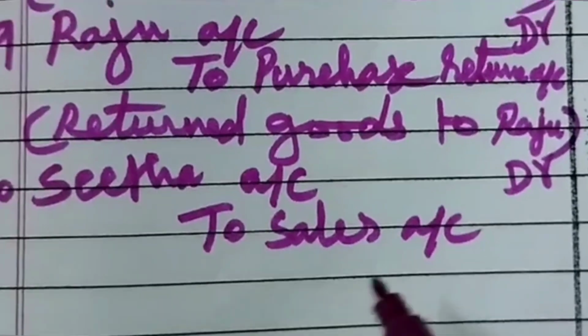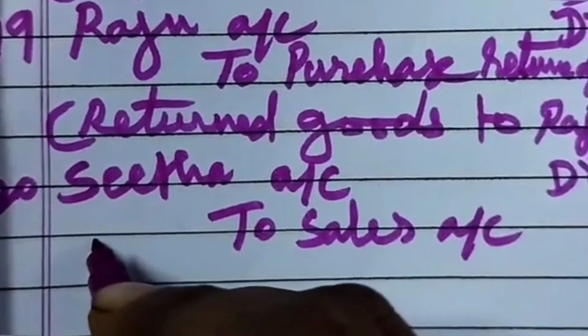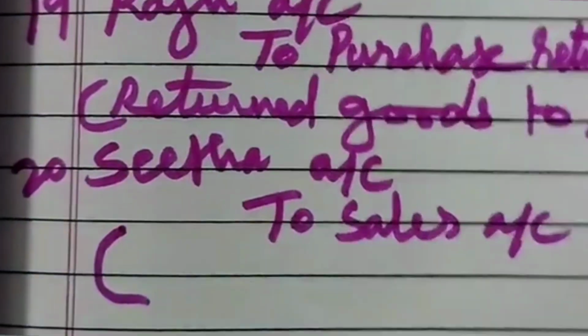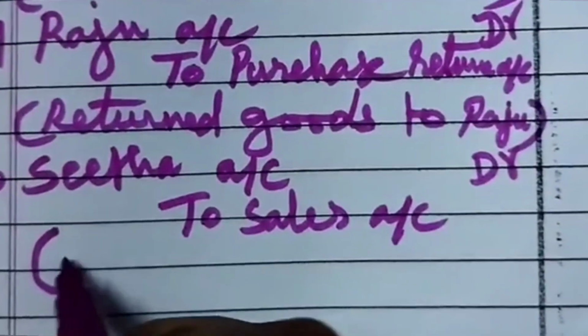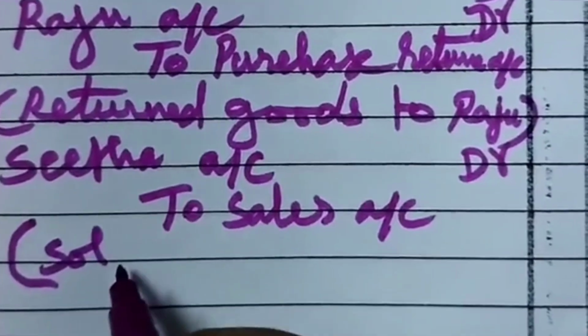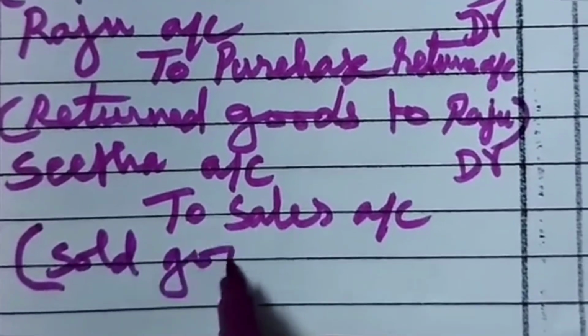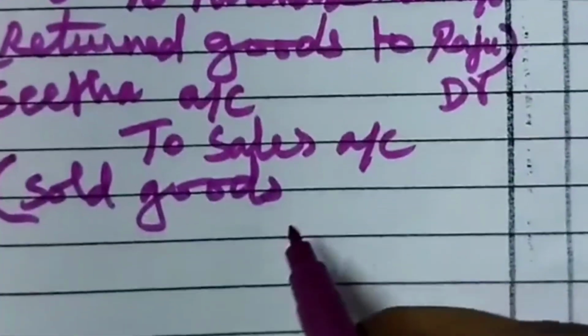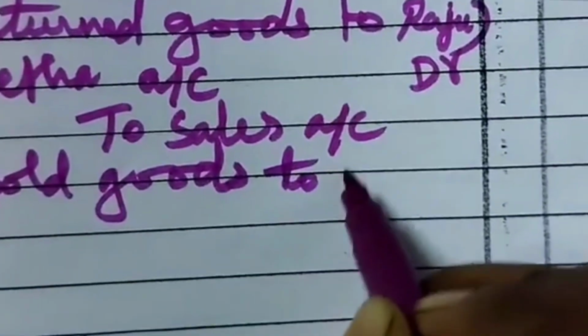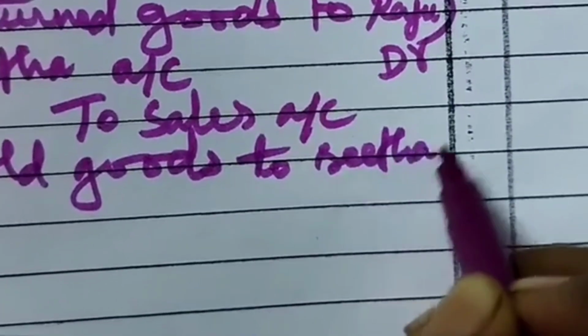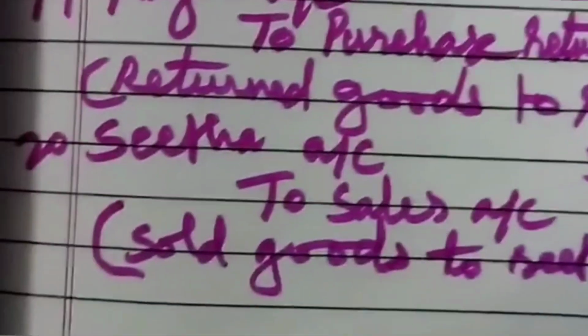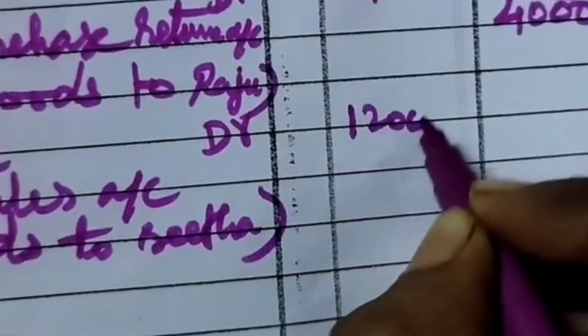Then narration we have to write. What is the narration? Sold goods to Sita. Amount, what's the amount? 12,000. So 12,000 we have to write.